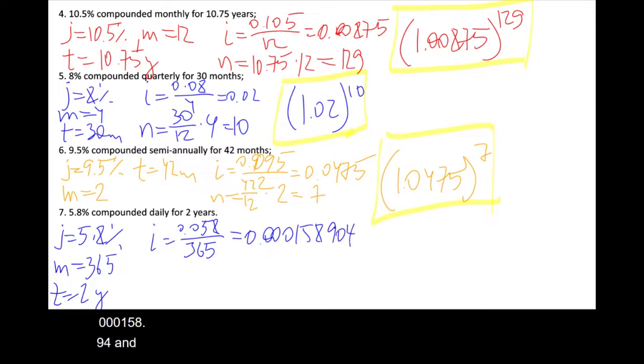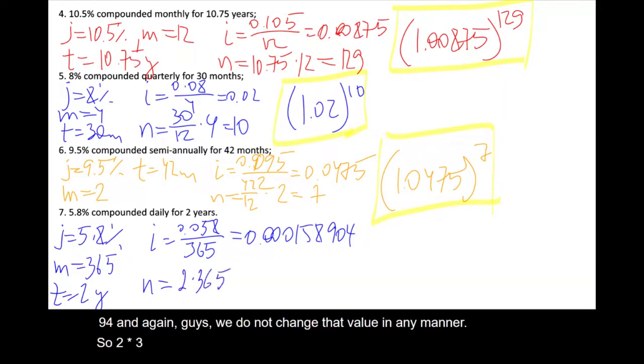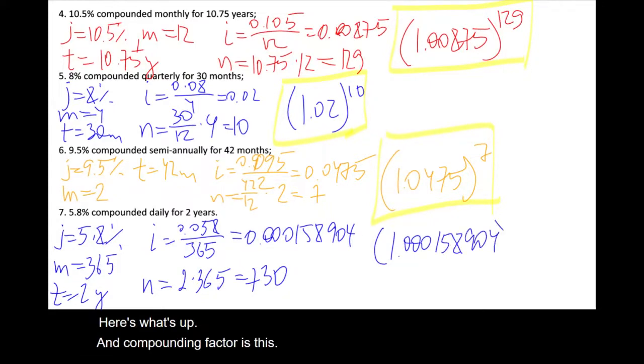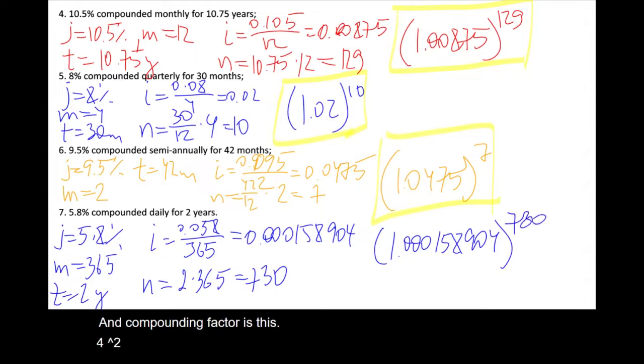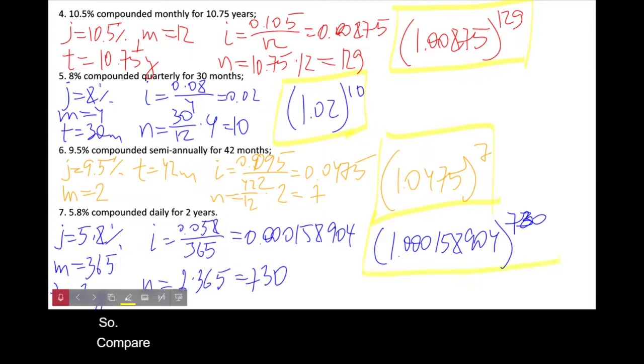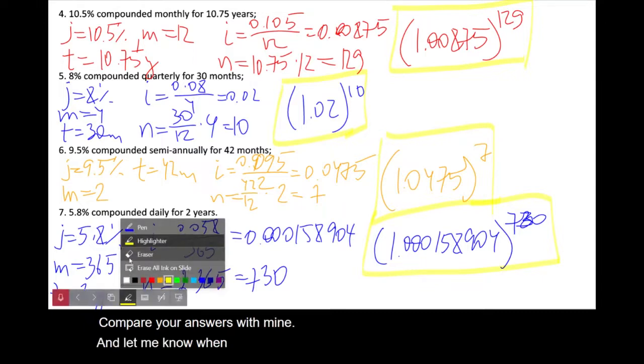And again, guys, we do not change that value in any manner. So 2 times 365 is 730, and the compounding factor is this, 1.00158904 exponent 730. Compare your answers with mine and let me know when you're ready to continue.